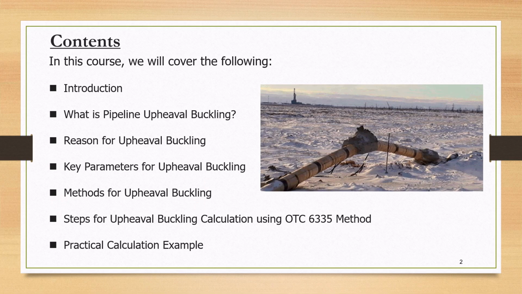Out of these methods, in this course we will be learning the steps for upheaval buckling calculation using the OTC 6335 method. At the end we will check one practical calculation example and try to understand the output results we get from this calculation and how to implement them in our design. Hope the course content is clear. Let's move on to the next slide.